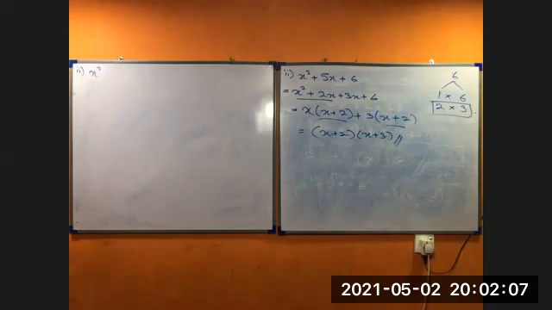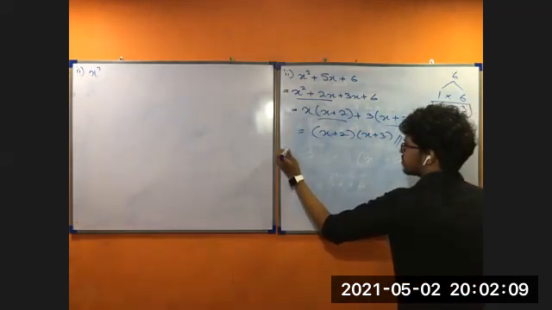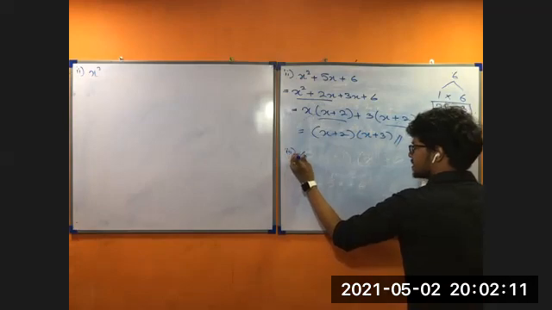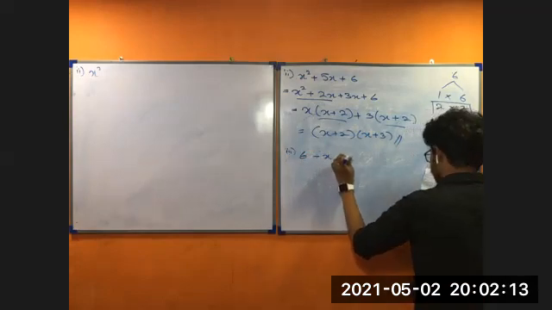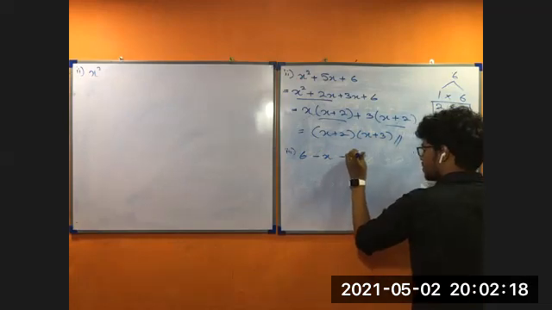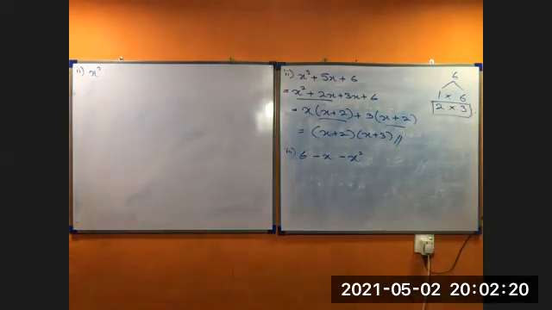Okay, next one, number 3. 6 minus x minus x squared. 6 minus x minus x squared.